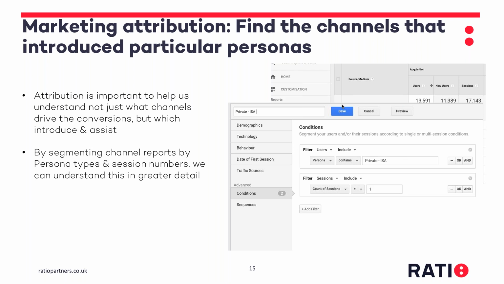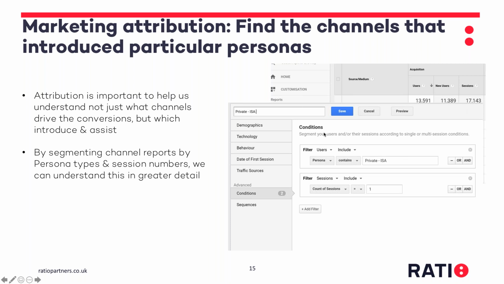So there's 2 screenshots here. One hard to see in the background, but one is of a marketing channel report. So we're looking at the number of visits or sessions that came to us across a bunch of different types of marketing channels. And here, this is the segment screen that I was referring to. That's the dominant screenshot over the top there.